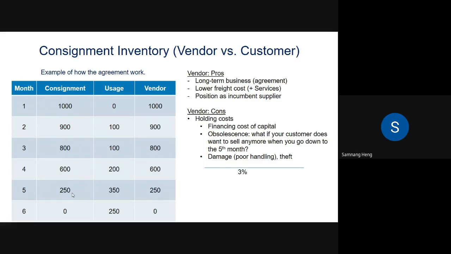So you need to set a condition: if our product got damaged inside their warehouse and no one did anything bad to it, or no one stole it, or there's no damage due to mishandling from the customer's actions, then you, the vendor, are responsible for it.